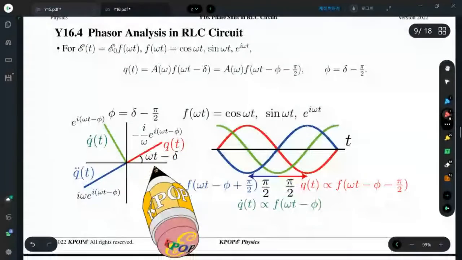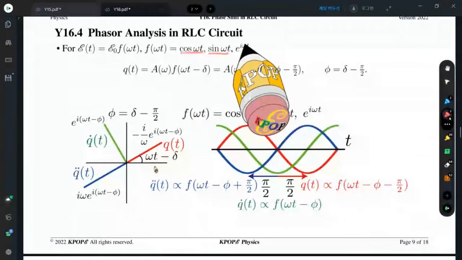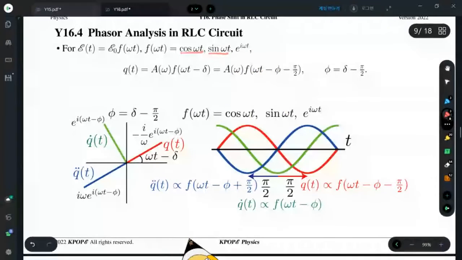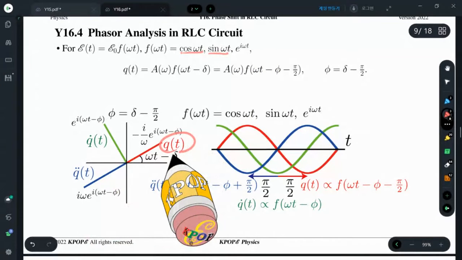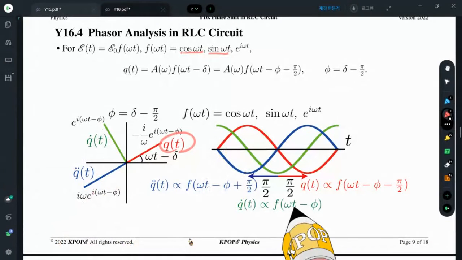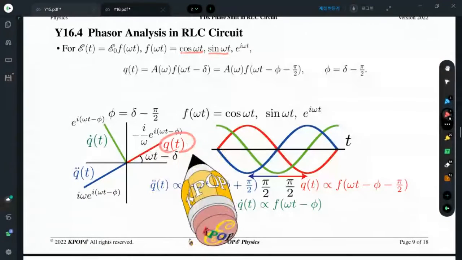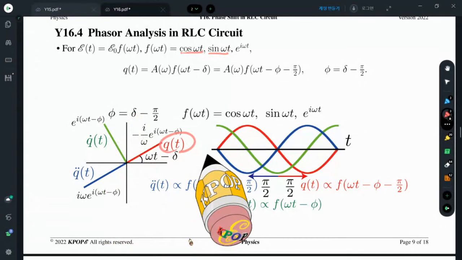So it is convenient to consider a complex number instead of each real or imaginary part of this complex number. So we have Q, and this is a complex plane. And after all calculation has been done, what you want to do is just take the real part of this complex number or imaginary part as you wish.